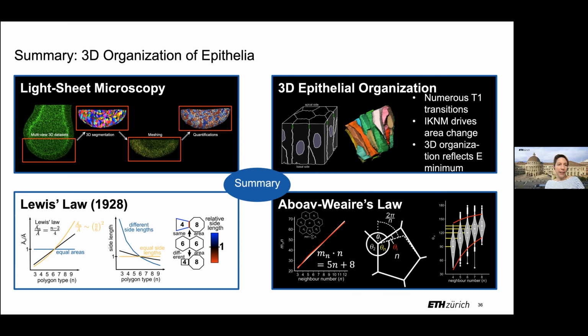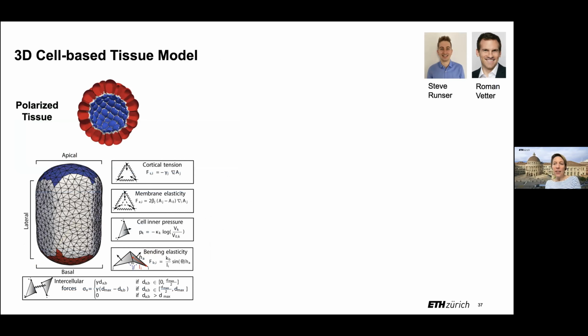Now, as I said, we use that insight to develop a 3D cell-based tissue model. Different from a vertex model, the cells are deformable, so they're completely meshed and completely deformable. They organize according to physical laws.